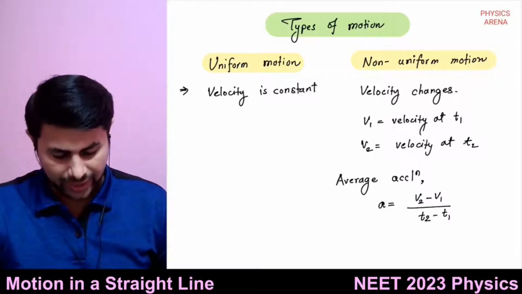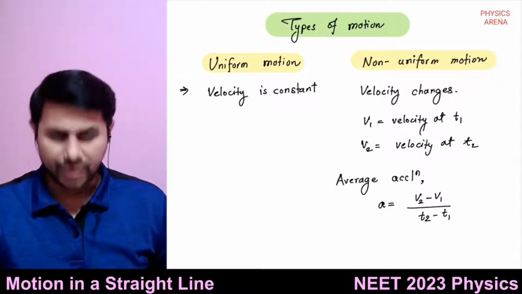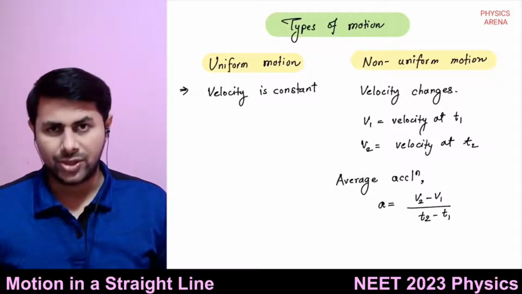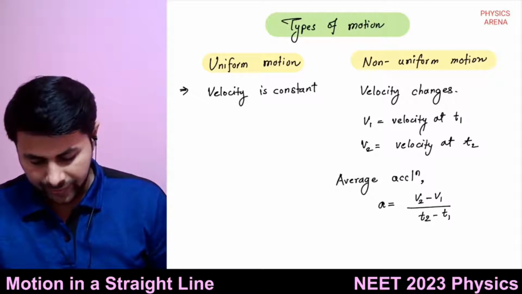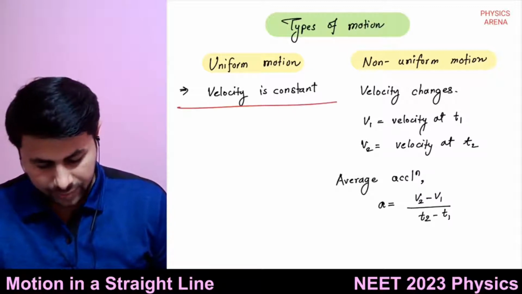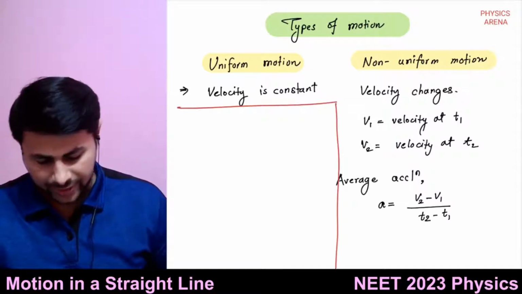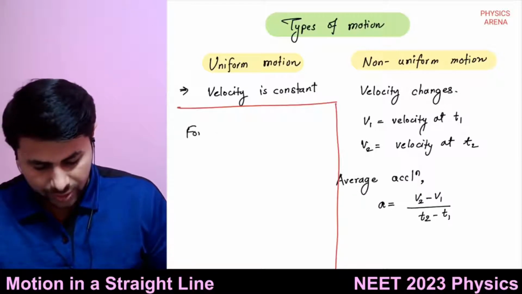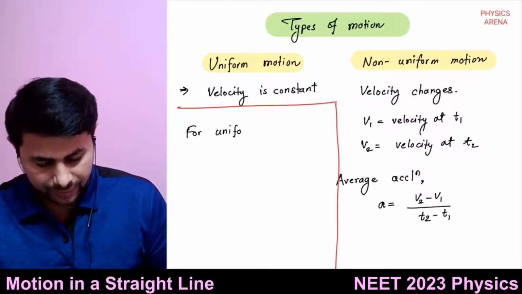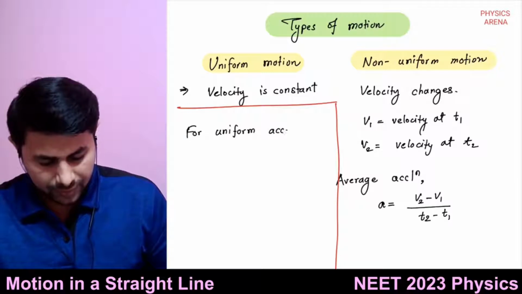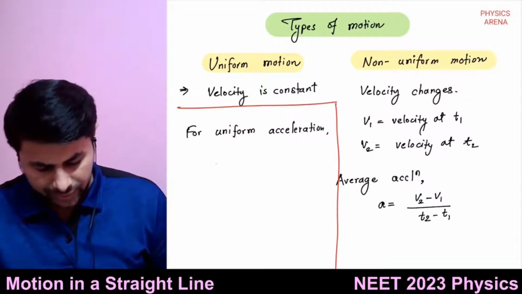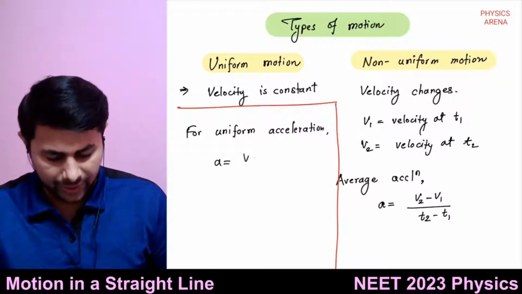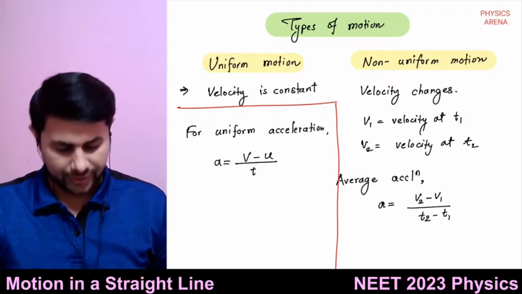For uniformly accelerated motion, there will be some final velocity, some initial velocity, and some time, let's say t. So for uniform acceleration, a is equal to final velocity minus initial velocity divided by the time taken.